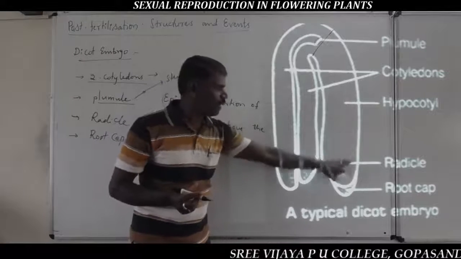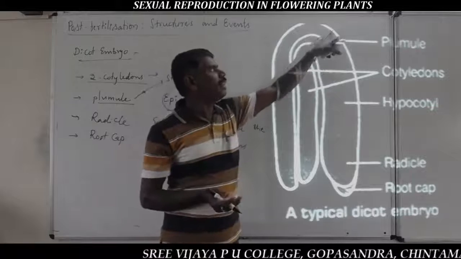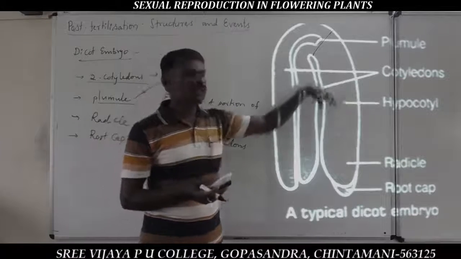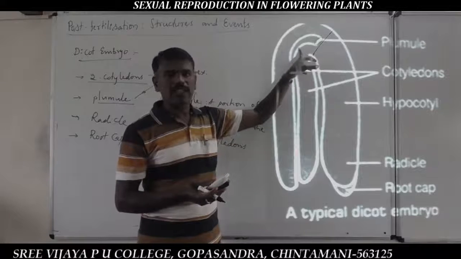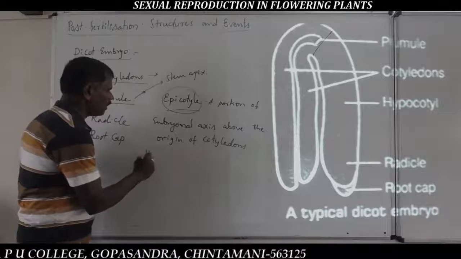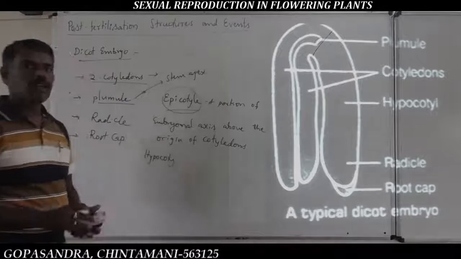A portion of the embryonal axis below the origin of the cotyledons is what we call the hypocotyl.